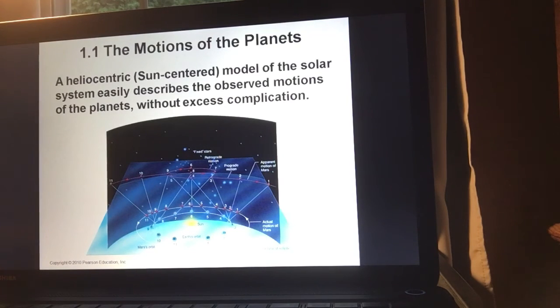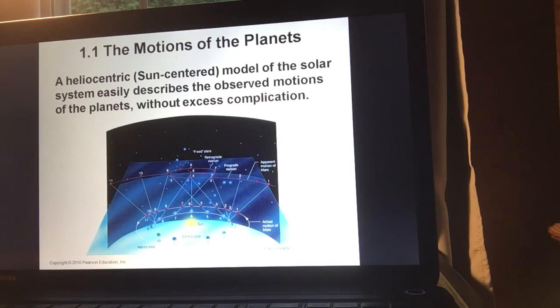On the other hand, if we try to explain this motion using the heliocentric model, this model becomes very simple. As you can see now in the heliocentric model, the Sun is at the center of this model, and all the planets are moving around the Sun. So this is the Earth's orbit, and this is that special planet's orbit.